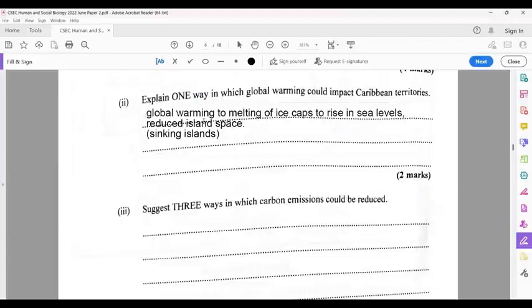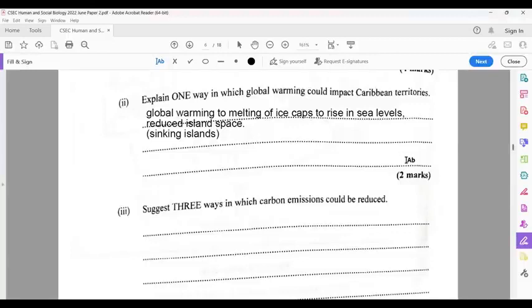So as global warming occurs, with ice caps melting, the sea level rises. The sea level rising means there is reduced land space on an actual island. You may often hear this referred to as sinking islands. It's not literally sinking, it's the appearance of sinking because the sea level is rising.